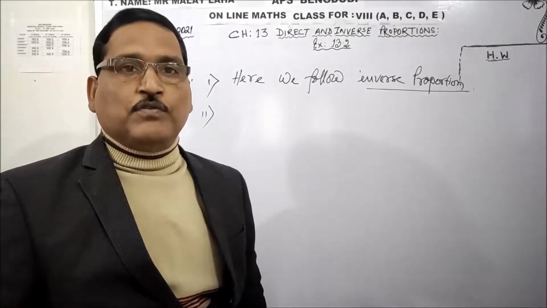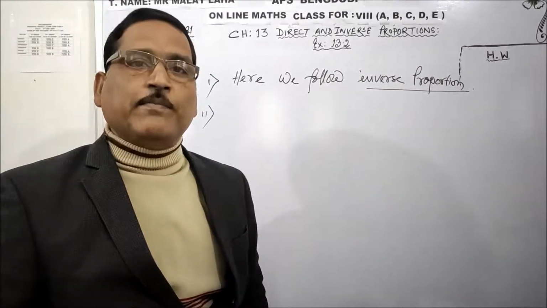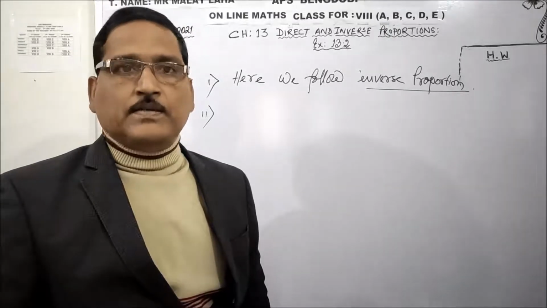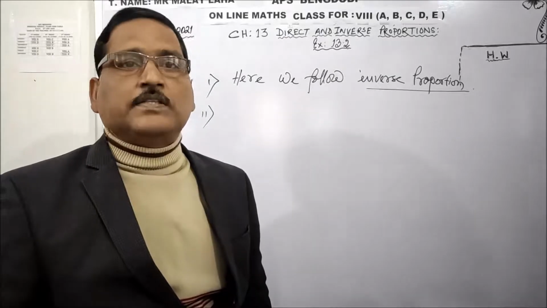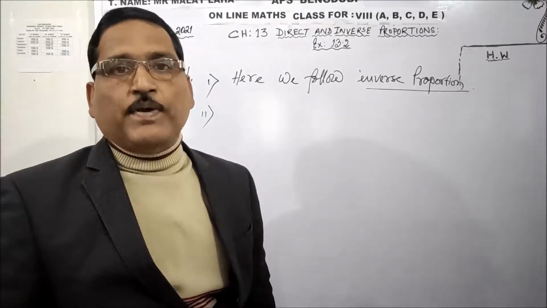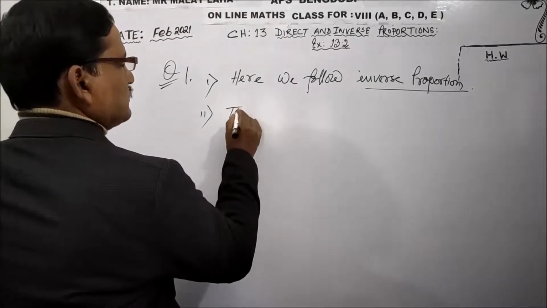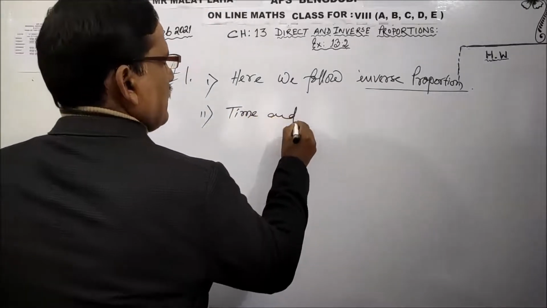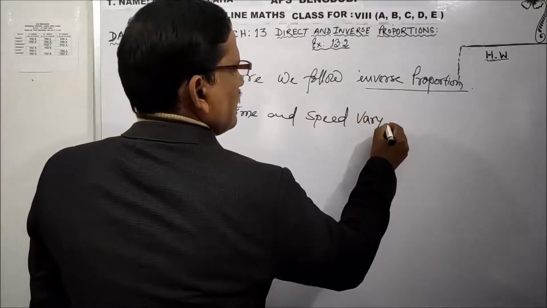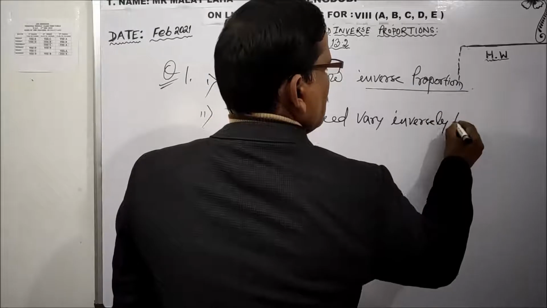If I like to go to Siliguri on foot, it will take more time. Walking speed is less, so the required time is more. If I use a bicycle or scooter, speed is more, time is less. So time and speed vary inversely to each other.